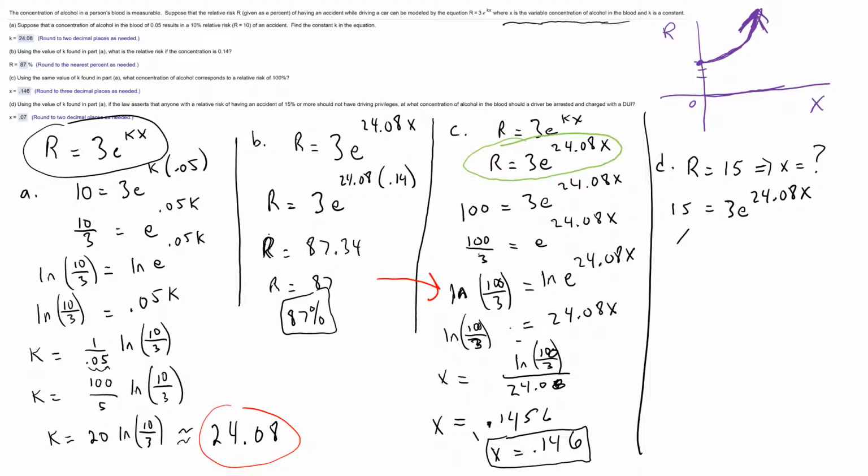In fact, we could really just come down to this part right here and replace the 100 with the 15. That's the only thing that's going to be different. Again, we would divide by 3, natural log, and then divide by 24.08. So the only difference between Part D and Part C is the 100 is a 15 now. I'm trying to figure out what alcohol level would correspond to a risk of 15 instead of 100.